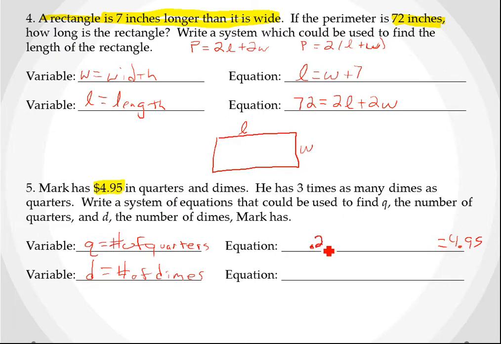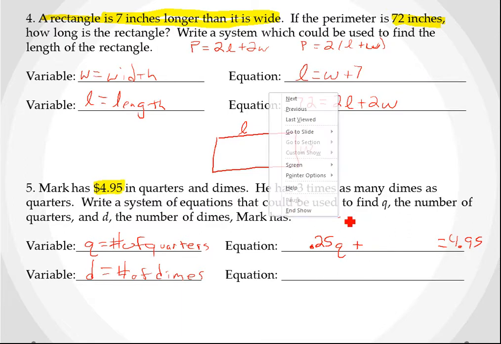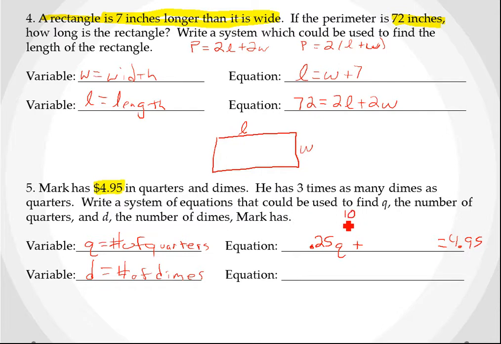It's 0.25 Q plus, and then dimes are worth 10 cents. And I know many of you are going to want to put in, let me show you right here, 0.10. Now, I guess you can do that, but the best way to write that is going to be 0.1 because we don't need the 0. 0.1 D equals 495.